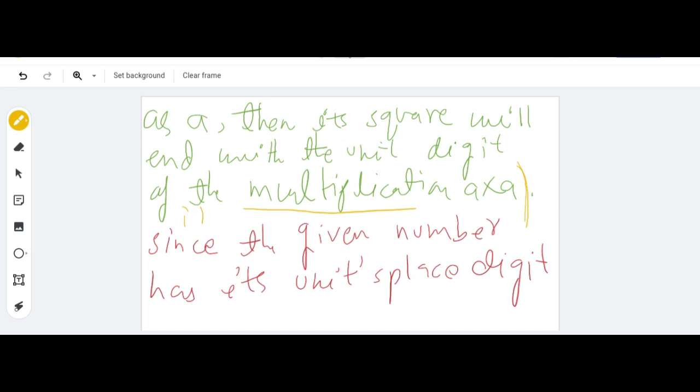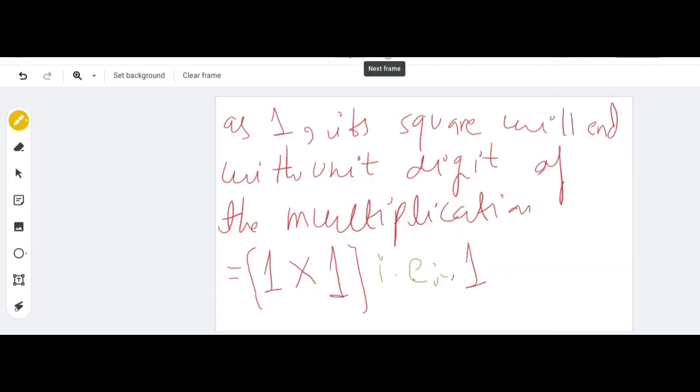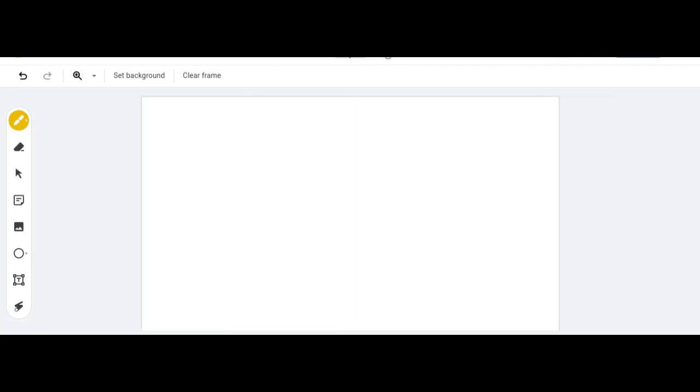On the copy, you don't have to write the green statement again and again. Write it once at the start of your page, and write the red statement for each question, with the unit digit different for each question. Got it? Understood? Yes, ma'am.